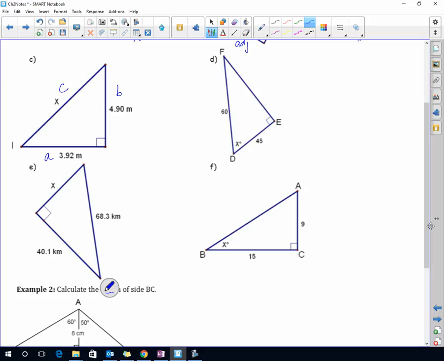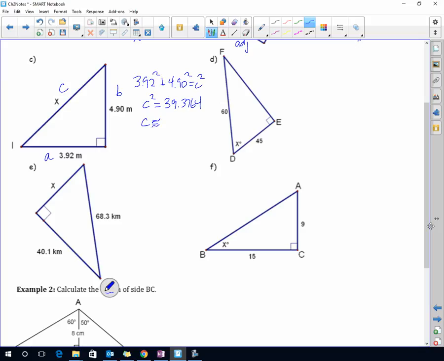So I will punch that all in, 3.92 squared plus 4.9 squared. I'll give you the intermediate step just for fun. This is 39.3764. And how do I get from C squared to C? I have to square root that. So again, because I'm rounding it to the nearest tenth, I will make approximately signs, and that is 6.3, and that would be meters.